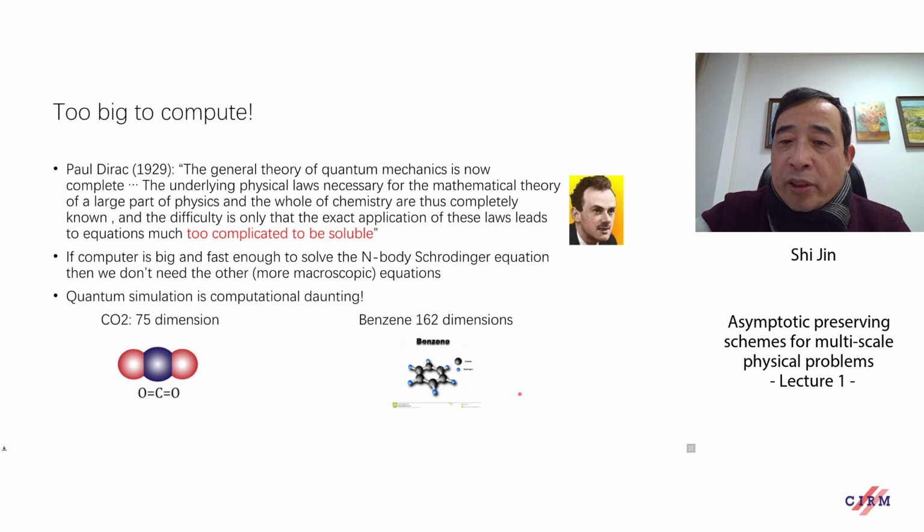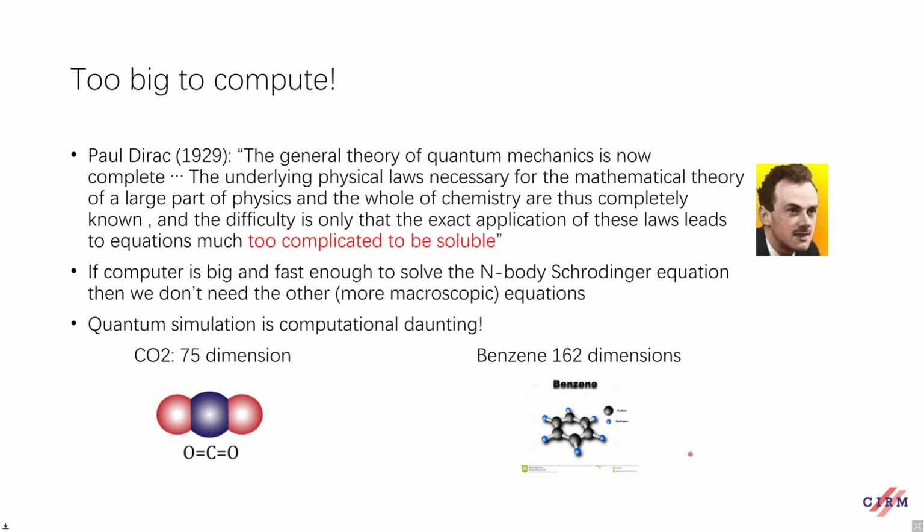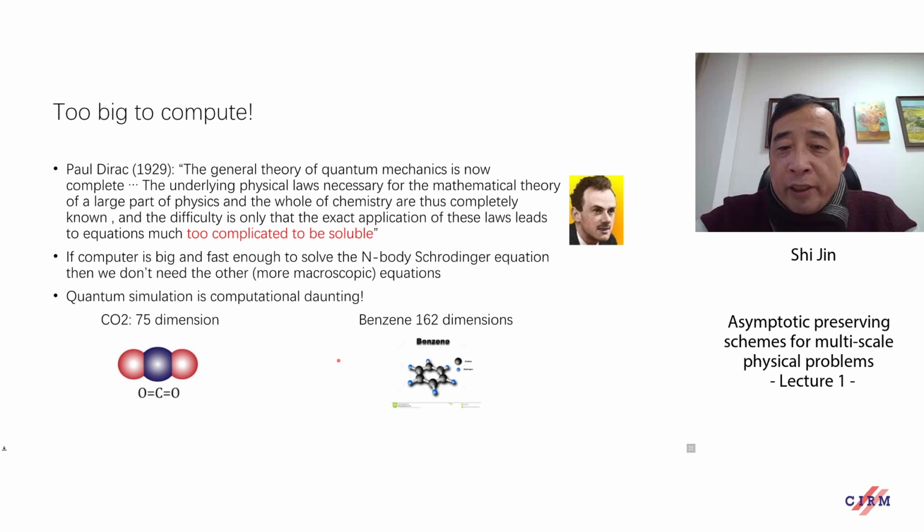And the question, well, actually, this is a famous quotation from Paul Dirac. Almost 90 years ago, he said that the general theory of quantum mechanics is now almost complete. The underlying physical laws necessary for the mathematical theory of a large part of physics and the whole of chemistry are thus completely known.